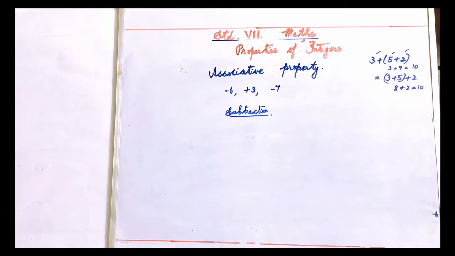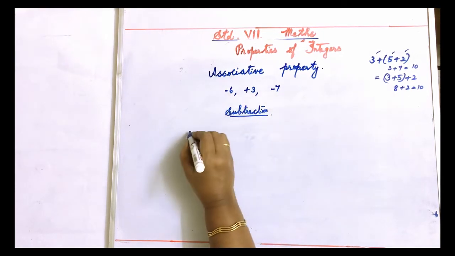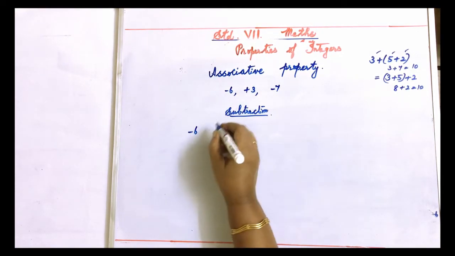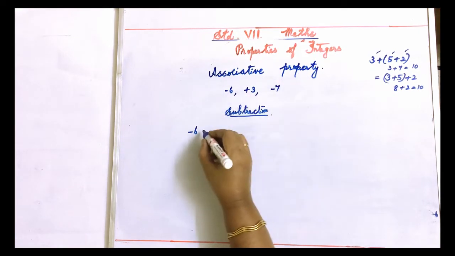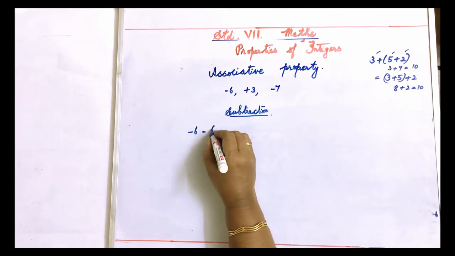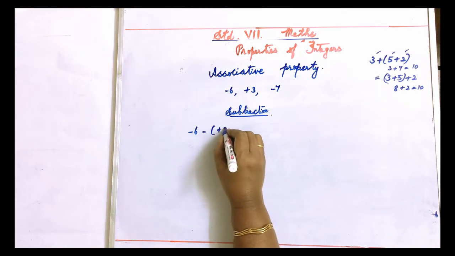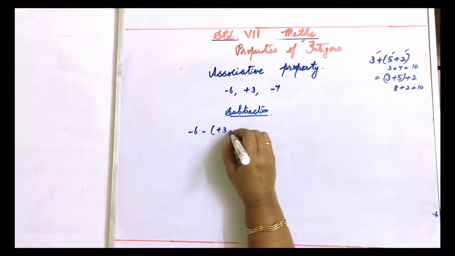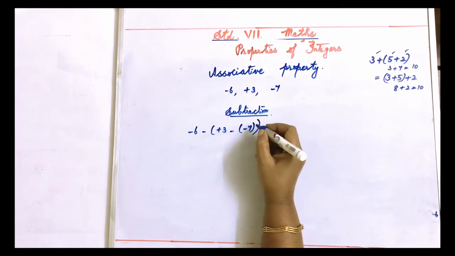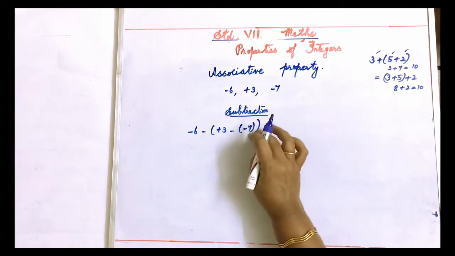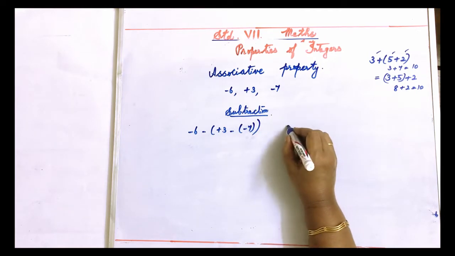So first integer is minus 6. First we are going to subtract plus 3 minus 7. So minus 6 minus, within brackets, plus 3 minus 7. And here we are going to regroup now on the right hand side.